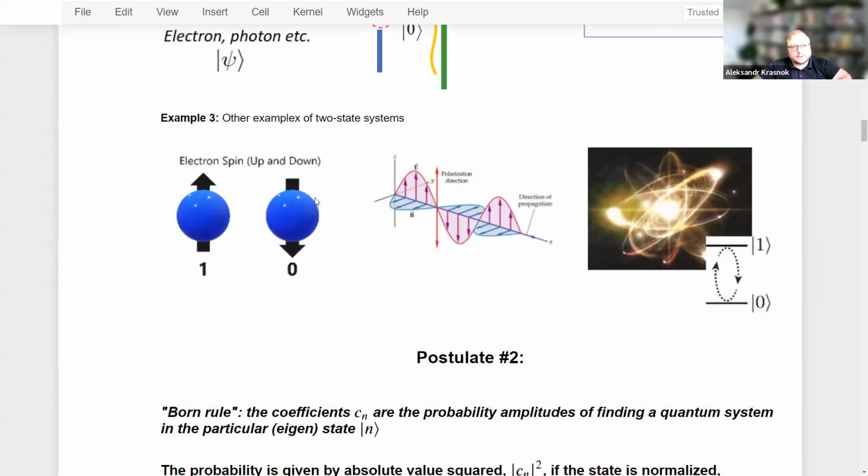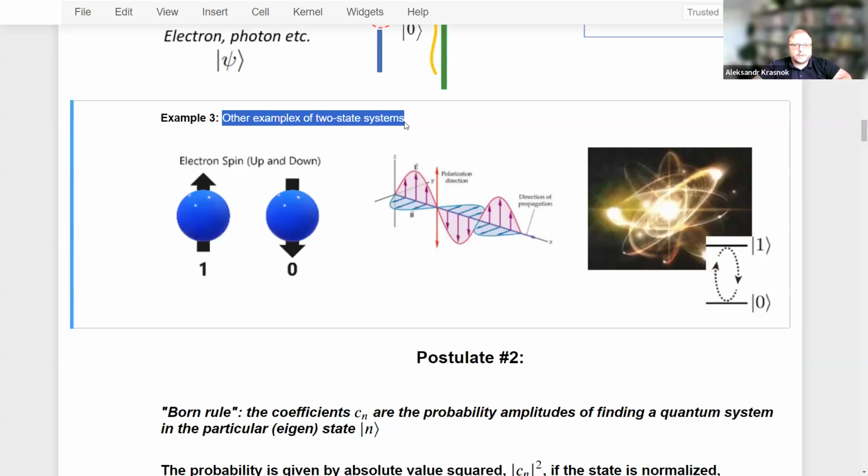There are other two-state systems which are more practically useful for quantum computing. One is, of course, electron spin. You probably know, if not, that's fine, we will be discussing that there are some particles, for example electron, that in an external magnetic field can acquire only two possible orientations.